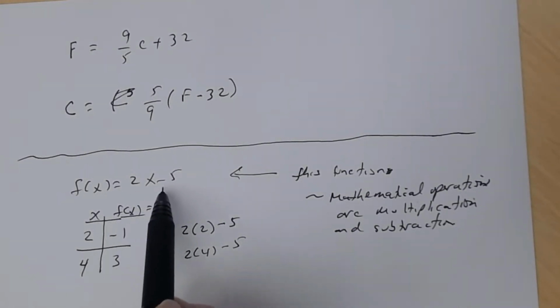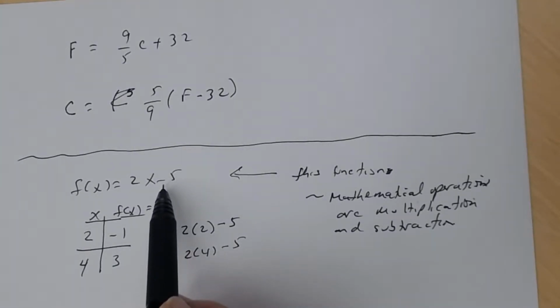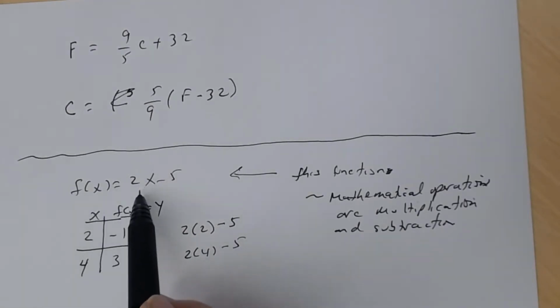So if this function f of x subtracted 5, then the inverse function has to add 5. If this function multiplied the variable x by 2, then the inverse function has to divide by 2.